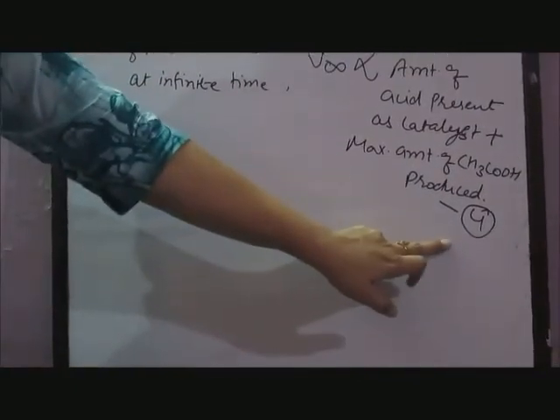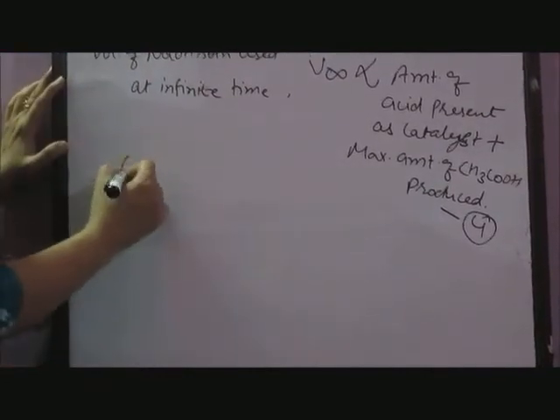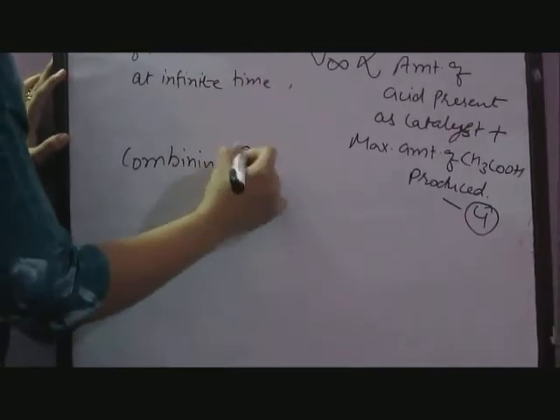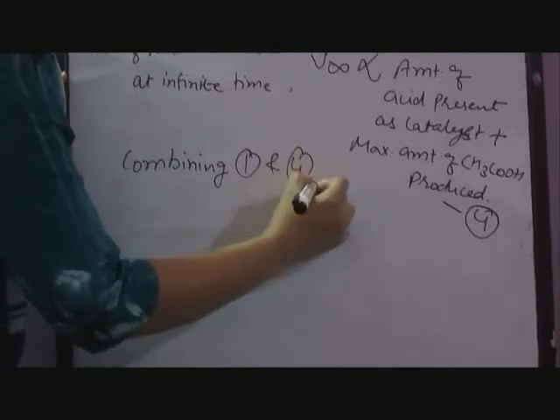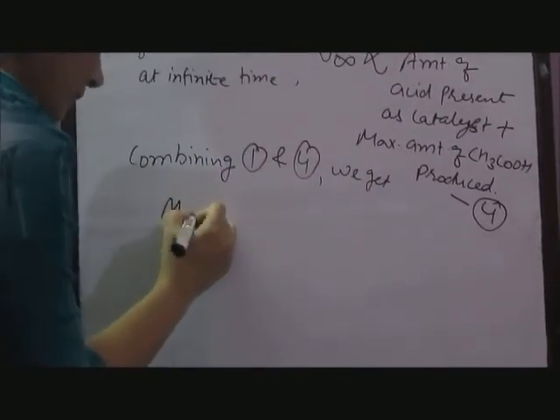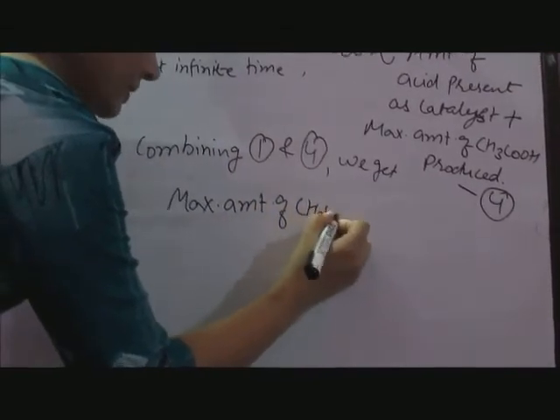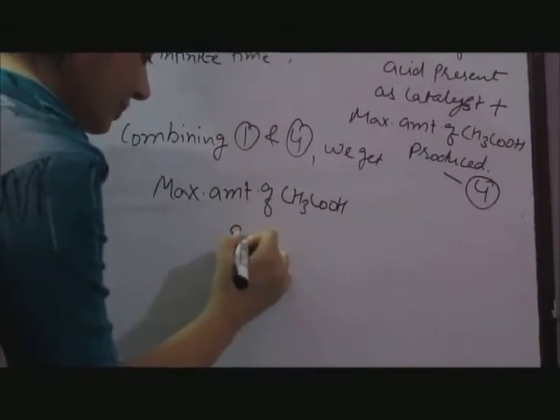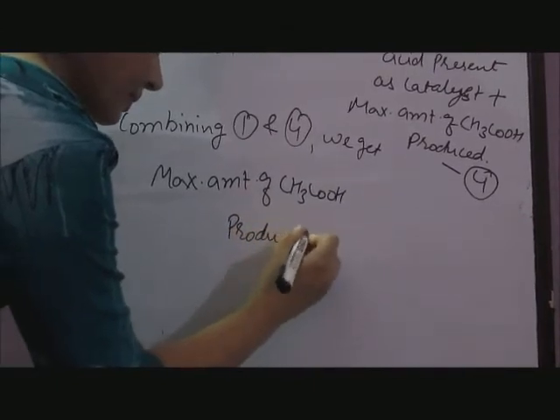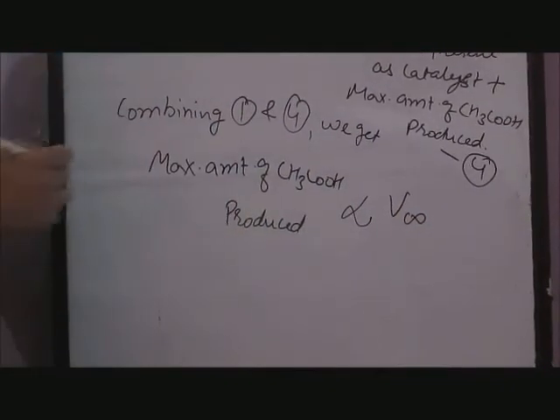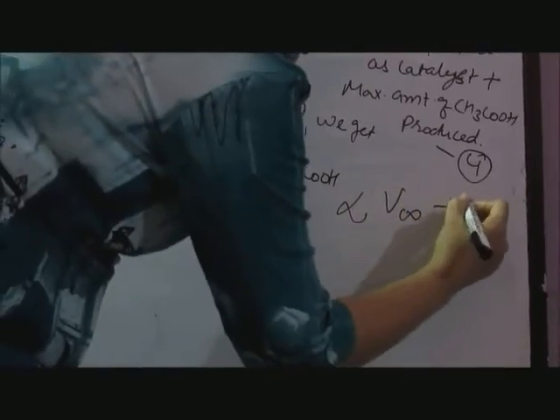This is equation number 4. By combining the results of equation 1 and equation 4, we get maximum amount of acetic acid produced, which is proportional to V infinity minus V naught.